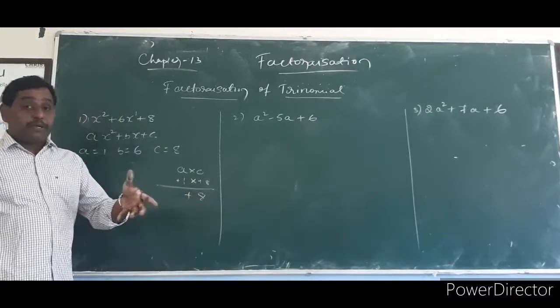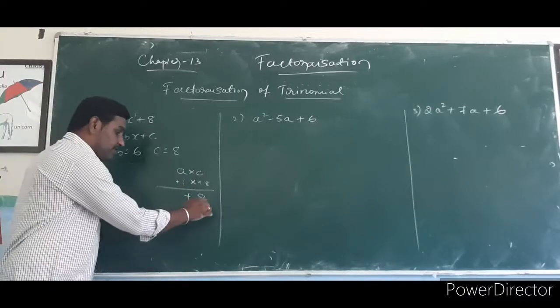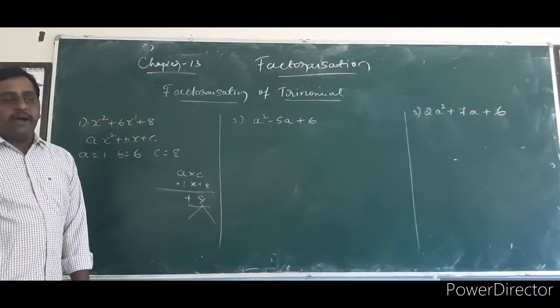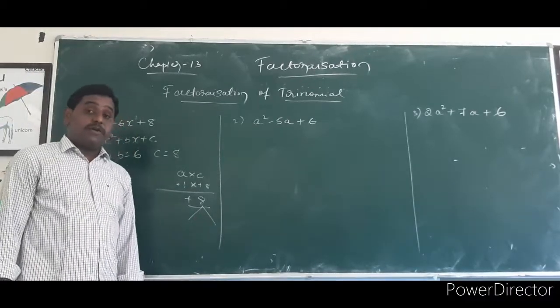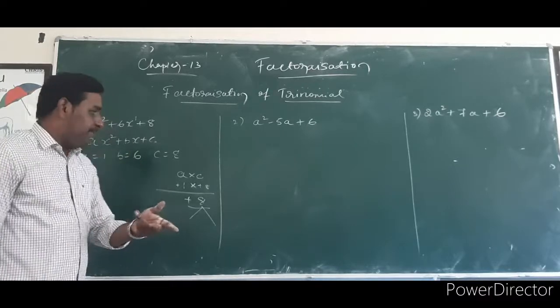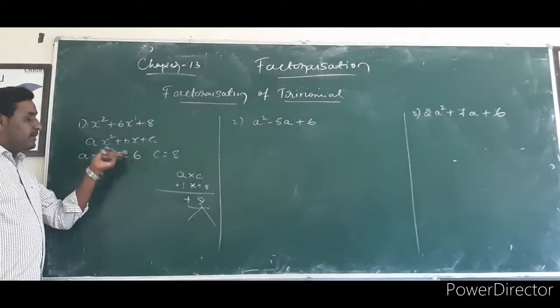First step: a into c. After doing a into c, whatever product you are getting, divide it into 2 factors. Two factors means you have to take 2 numbers. What type of 2 numbers? Look at the value of b, which is 6.